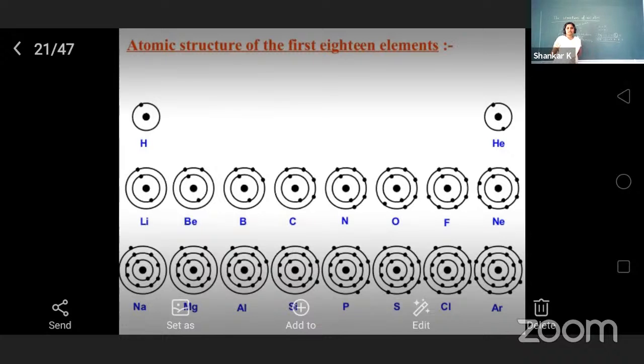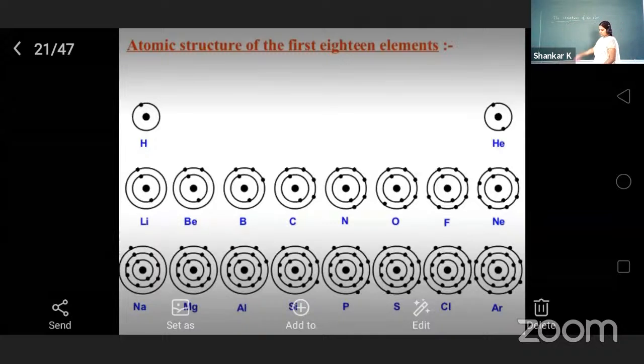For example, hydrogen is 1. We know how to find the electrons in the cell or orbit.